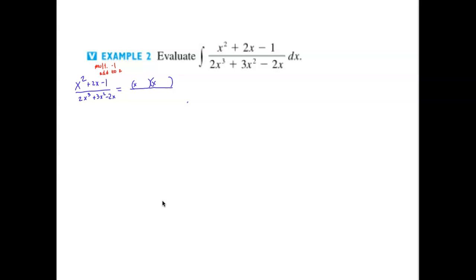Whoops. I just realized we don't need to worry about the numerator. You don't have to factor the numerator. We just have to factor the denominator. Apologies. Leave the numerator alone. It doesn't factor anyway. All right, x squared plus 2x minus 1.